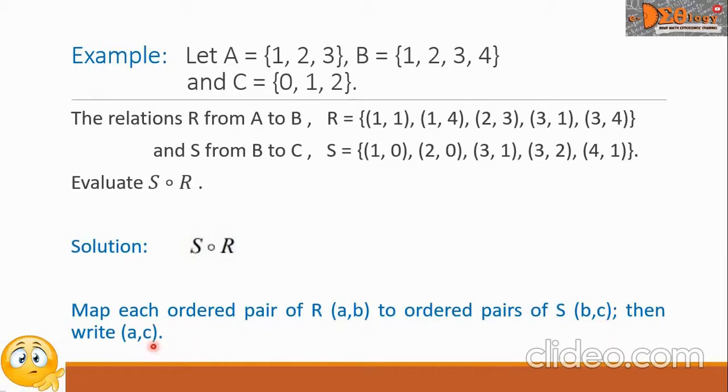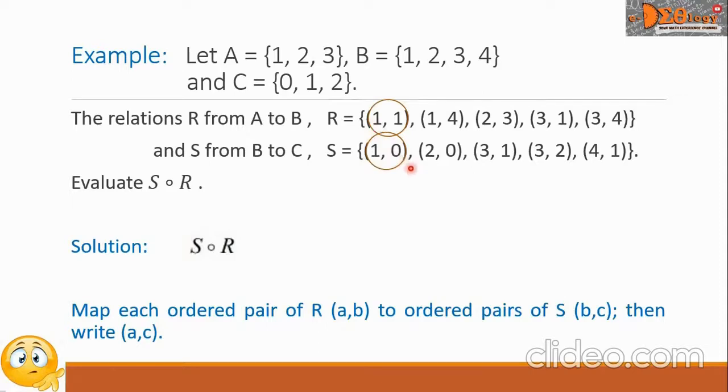Now let us start with the first element of R, which is (1, 1). We can map this to the element of S, which is (1, 0). Again, the second element 1 here is mapped to the first element 1 in here. Then we will match the 1 and 0 together.